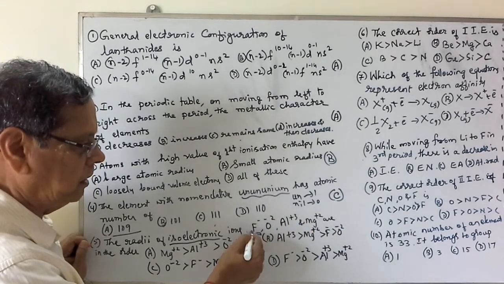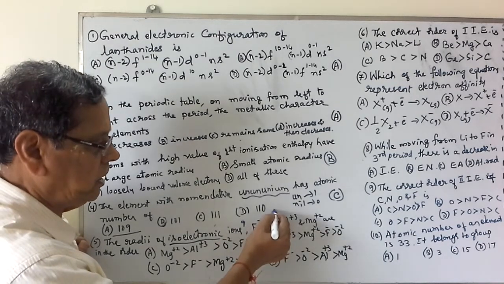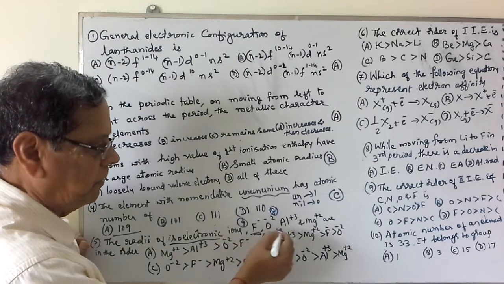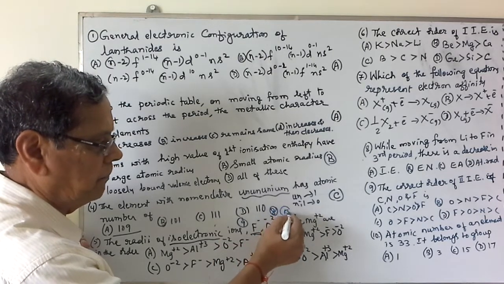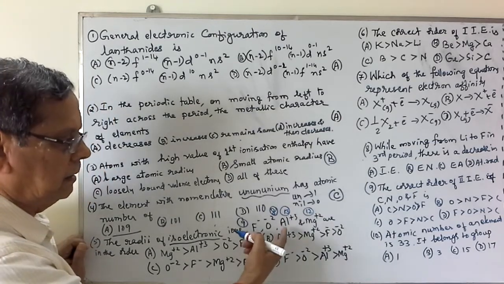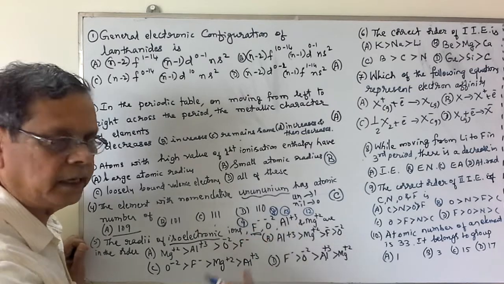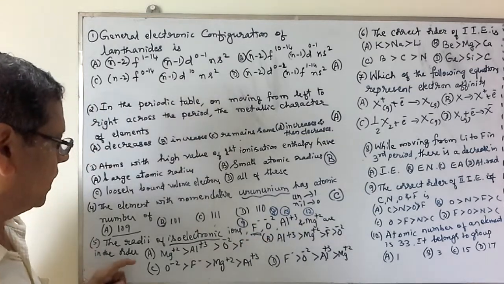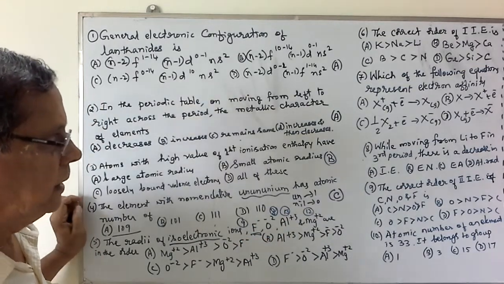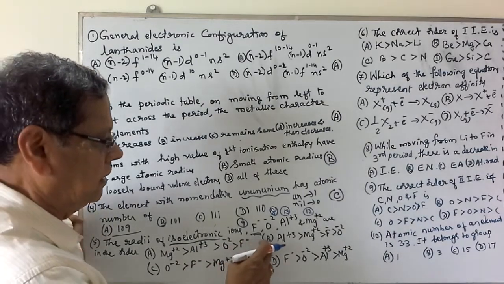Looking at these four: for fluorine, nuclear charge is 9. For oxygen, nuclear charge is 8. For aluminium, it is 13. For magnesium, it is 12. So we can predict that aluminium, having a higher nuclear charge, must have the smaller radius.